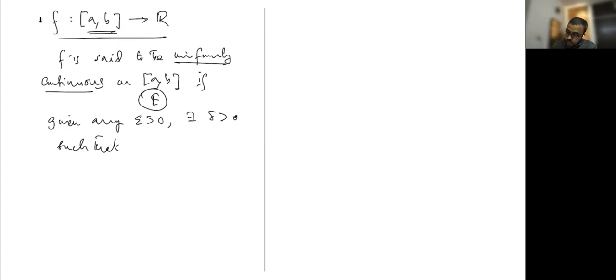You are just given an epsilon positive and there's a choice of delta corresponding to this epsilon such that whenever you have two points x, y belonging to E and |x - y| is less than delta, the corresponding f values are at most epsilon apart.